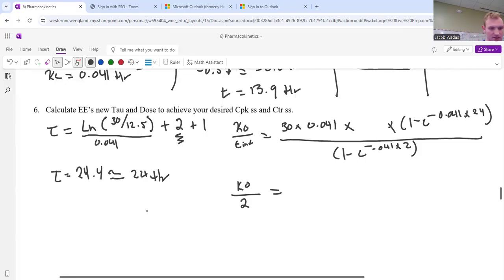So the individual based for VD equals KO times time of infusion. This is going to be based on the last one, correct?